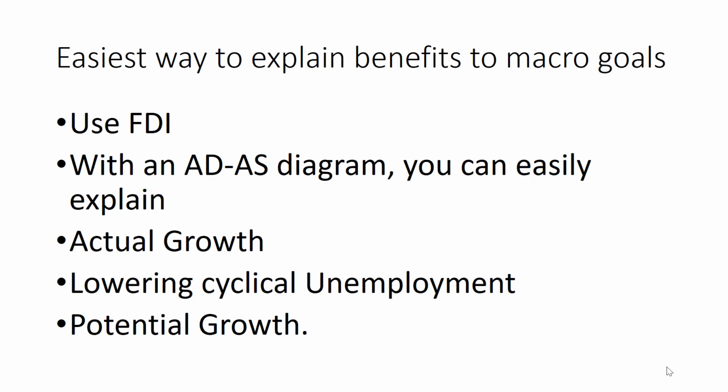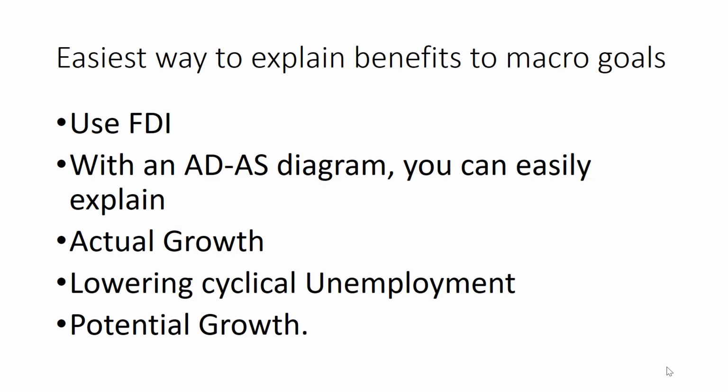So long as there are some unemployed factors of production, you can first explain the benefit in terms of actual growth. Then as you move your AD across the horizontal or the diagonal part of the AS curve, you can easily show that the cyclical unemployment will be lower. So that's really 2 goals being hit.